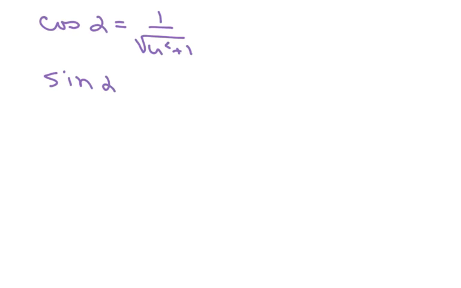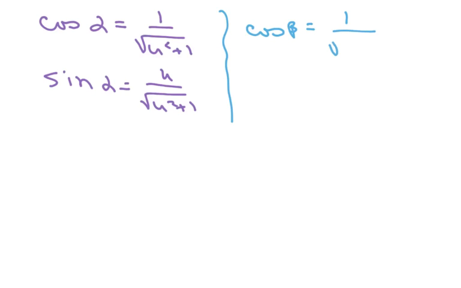Sine of alpha equals u over square root of u squared plus 1. And then our betas are going to be the exact same thing, basically. Cosine of beta is going to be 1 over square root of v squared plus 1. So why did I write u? Because I'm copying. So v squared plus 1, and sine of beta will be v over square root of v squared plus 1, because it's the same thing.